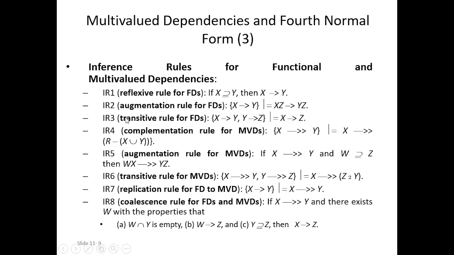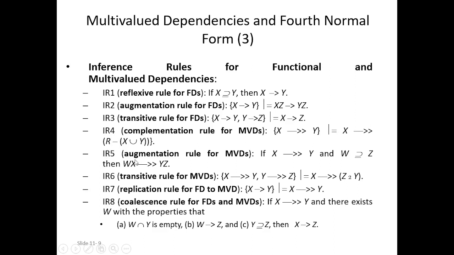Then we have the transitive rule for FDs: X to Y, Y to Z, then X to Z. Then IR4, the complementation rule for MVDs: if X multi-determines Y, then X multi-determines R minus (X union Y).